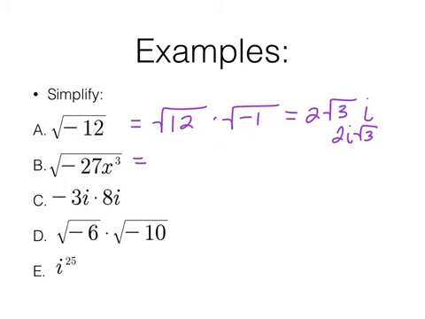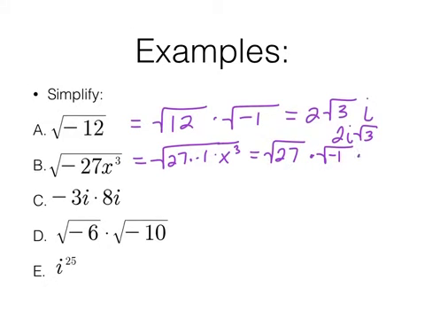Next one, square root of negative 27x cubed. Well, if I have the square root of negative 27, I have the square root of 27 times negative 1, and then I have x cubed. Well, I can break down that x cubed into x squared times x. So the square root of 27, I need to simplify that, as we know how to simplify radicals. I can do the square root of negative 1, and that's a dot, not a subtraction sign there.